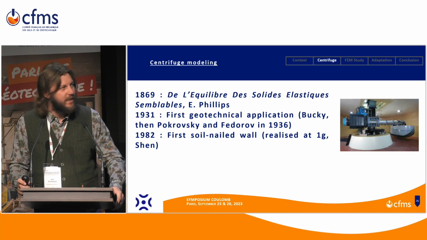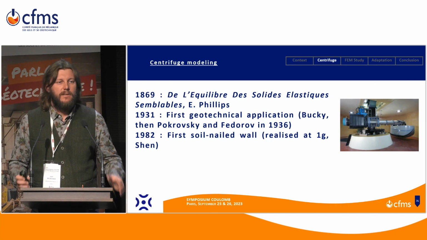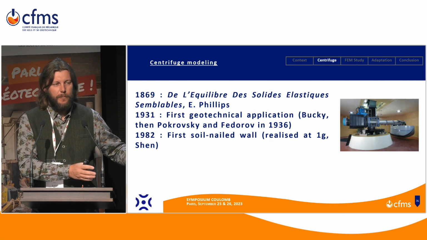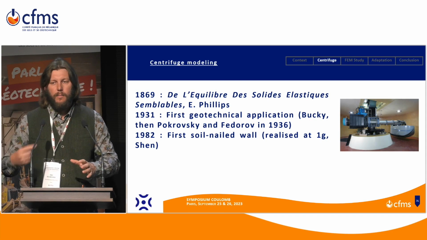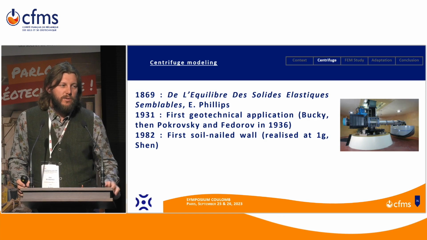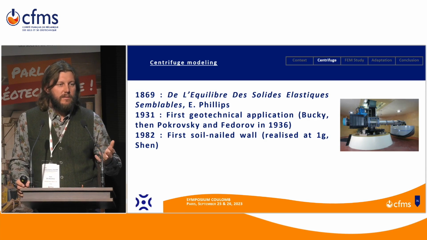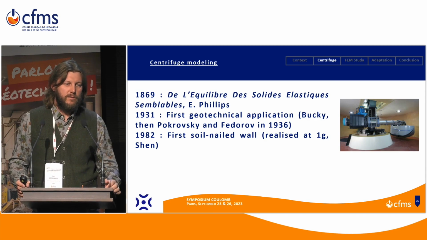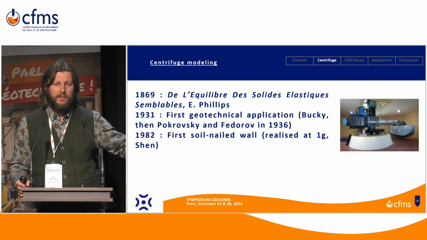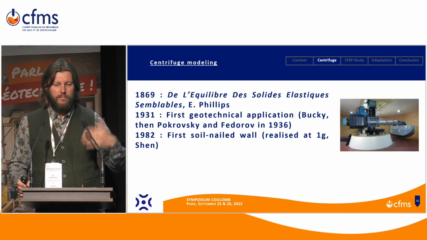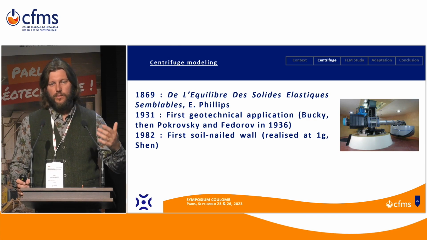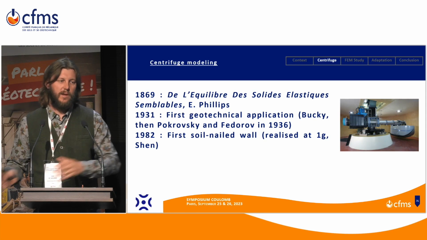It was realized at 1G, which means they built the reduced scale models outside of the centrifuge, and then they put them in the centrifuge and began to spin. So the stress path is not the real one, because all the construction phasing is done at 1G, when you have no similitude between the stress in the prototype and in the model.